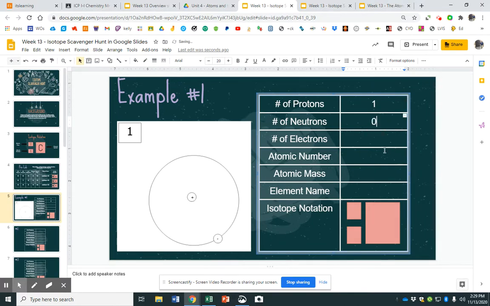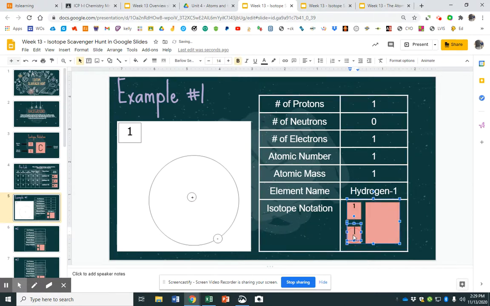Here's an electron right here with a minus. That's 1 electron. The atomic number is always the number of protons, so that's 1. The atomic mass is protons plus neutrons. It's 1 plus 0, which is 1. The element name for this is going to be hydrogen, because hydrogen is number 1. Hydrogen 1.